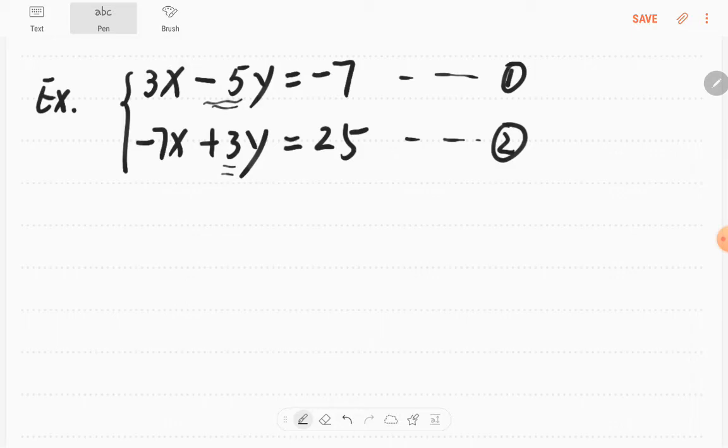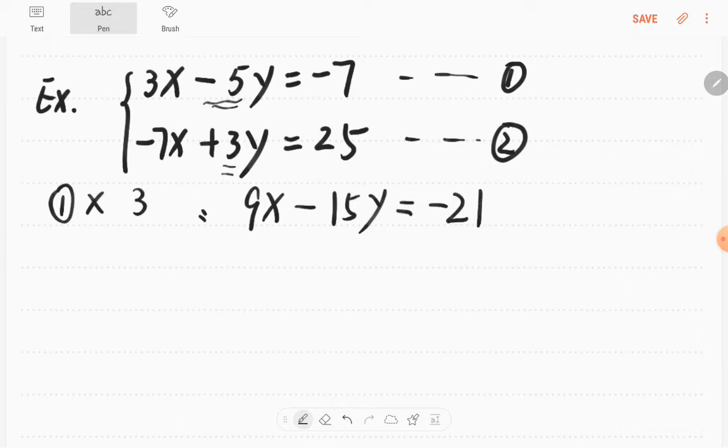So let's see what happens. We multiply equation 1 by 3 on both sides. Then you will have 9x minus 15y equals negative 21.